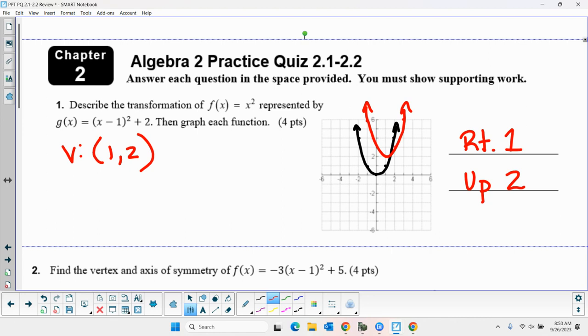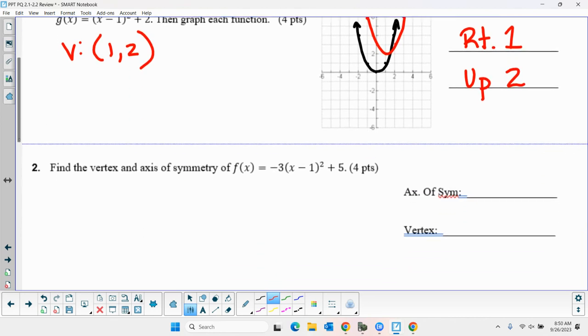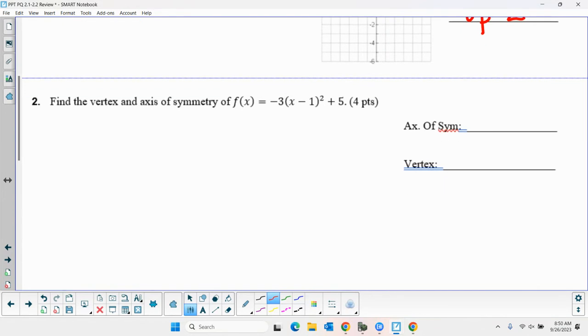All right, number 2. It's still in vertex form. So it says find the vertex and the axis of symmetry. All right? So the vertex is the opposite of that x minus 1, or you can think of what number do I put in for x to make that equal to 0?